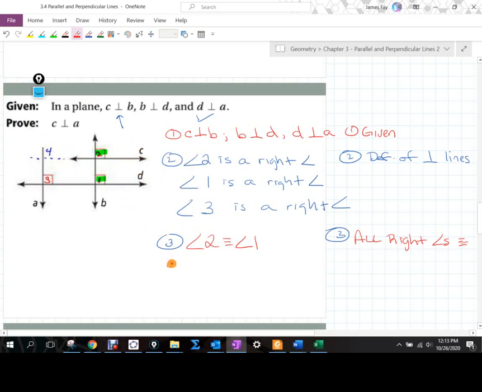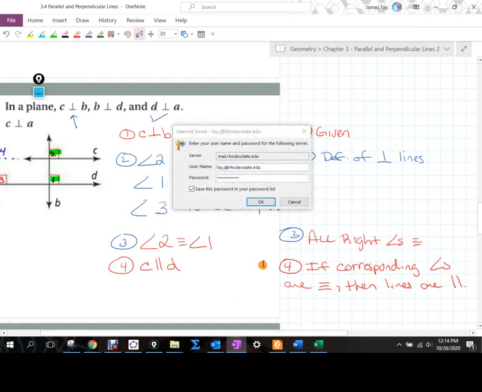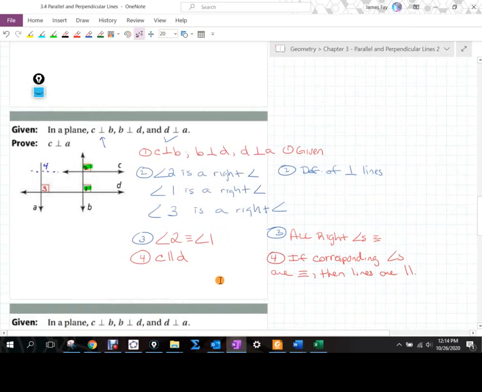So I'm going to write statement number 4, that C is parallel to D. When you write this, you might want to condense it a little bit, but I'm going to write: if corresponding angles are congruent, then lines are parallel. That might be the shortest way of writing that.